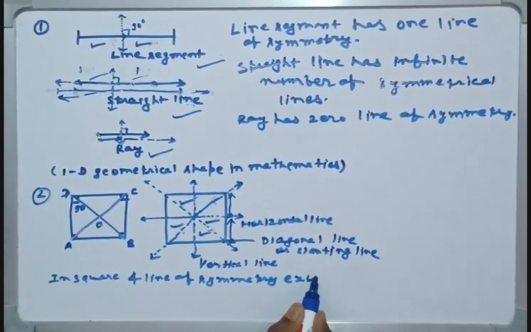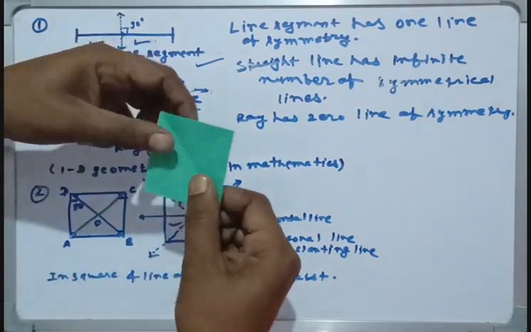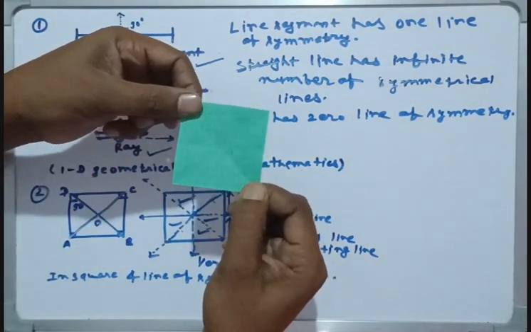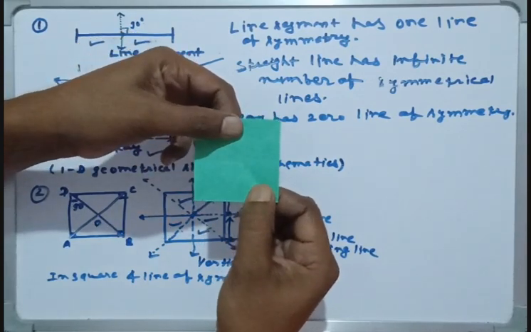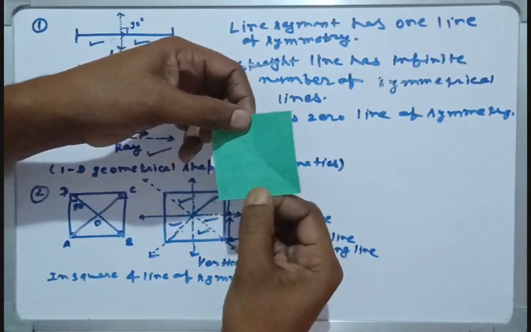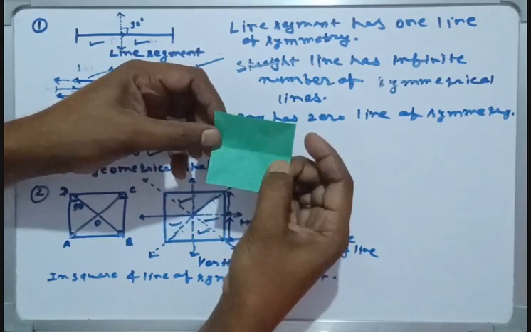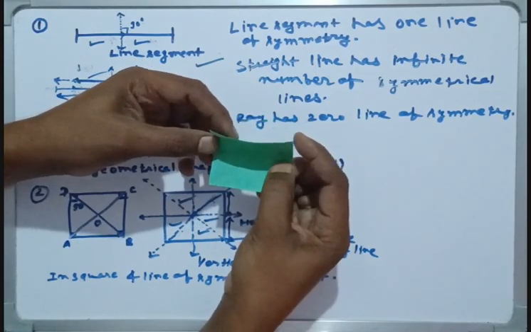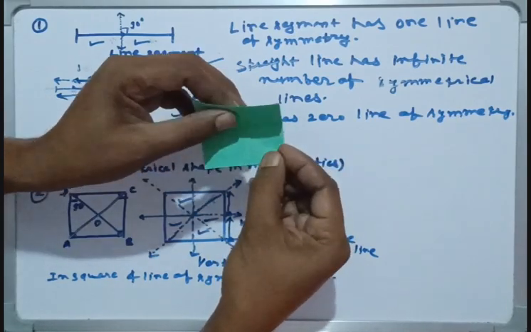Okay guys, for your better understanding, I have cut a piece of paper here. See, this one is a square. Now when we fold this square along the horizontal line, see what happened.